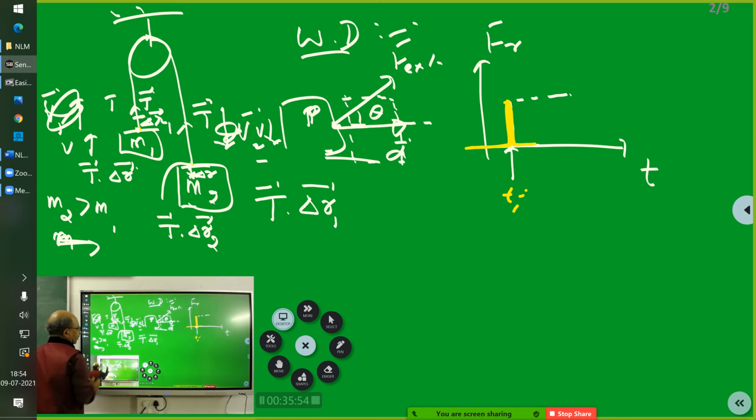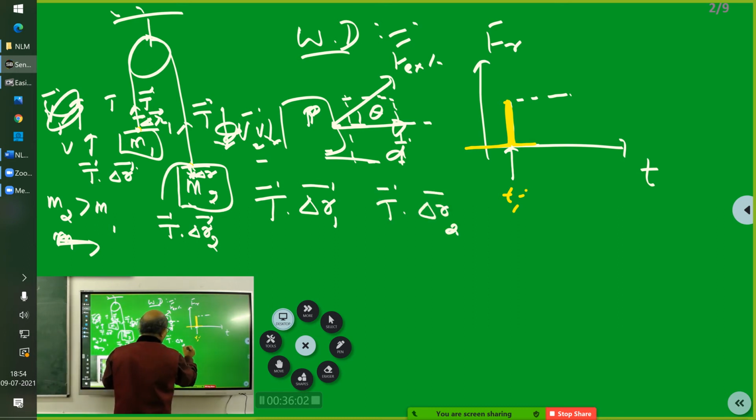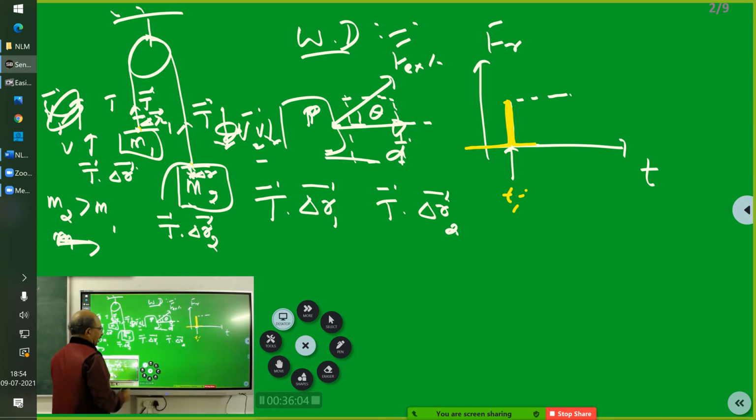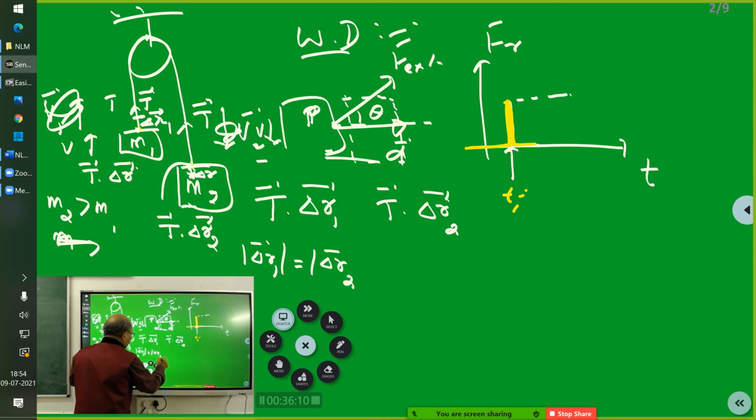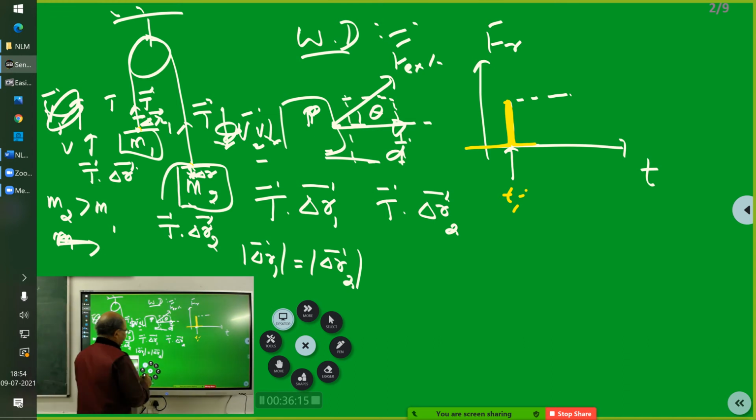Correct? And what is the work done here? It is also T bar dot delta R2 bar. Correct? But magnitude of delta R1 bar is equal to magnitude of delta R2 bar.